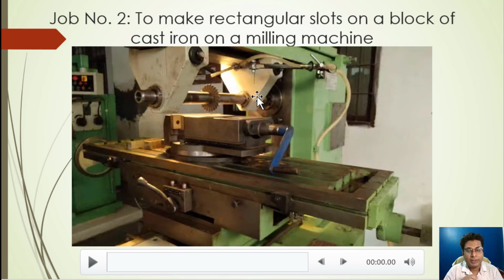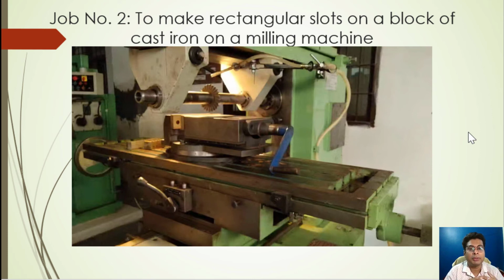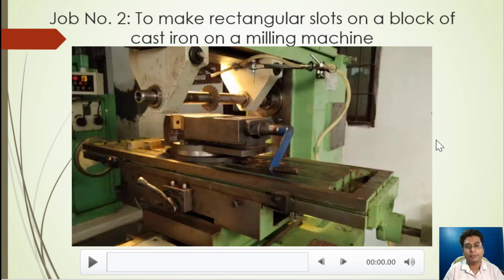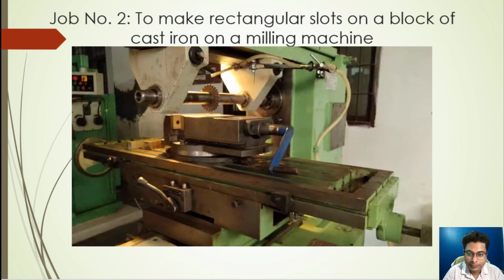However, a milling cutter has multiple cutting edges which come into interaction with the workpiece one by one. But in case of shaping or planing machines, as I was asking you to read about, these are single point cutting tool machines. They employ a single point cutting tool, not a multi-point cutting tool like this. Let us see.